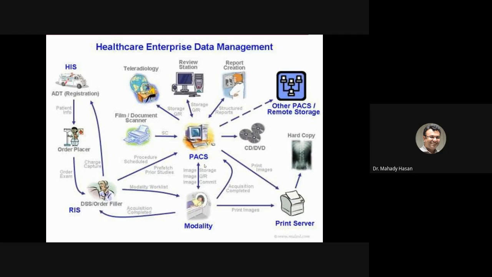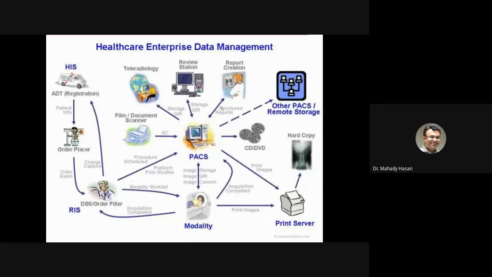Here we have bidirectional flow, right? At the same time, PACS with review station, we have bidirectional flow. With report generation, with report creation, we have bidirectional flow. So these are some problems that we have with this one.